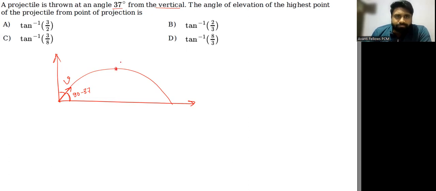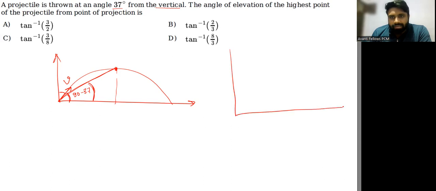Here it has been said the angle of elevation of the highest point of the projectile from the point of projection. So one line you have to draw on this side up to this. This angle has been asked, and it is not the same angle as V. Okay.